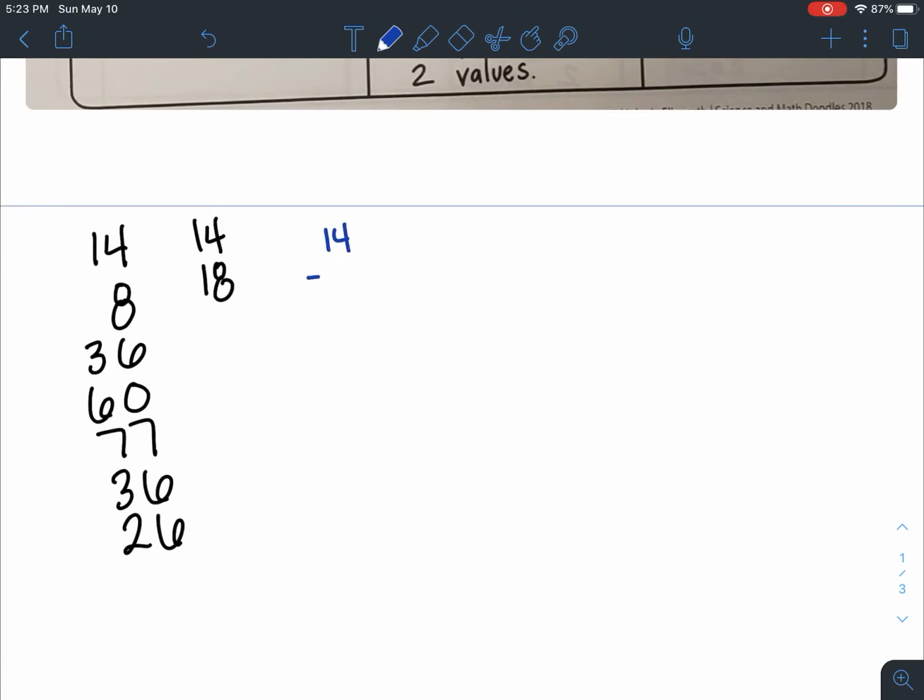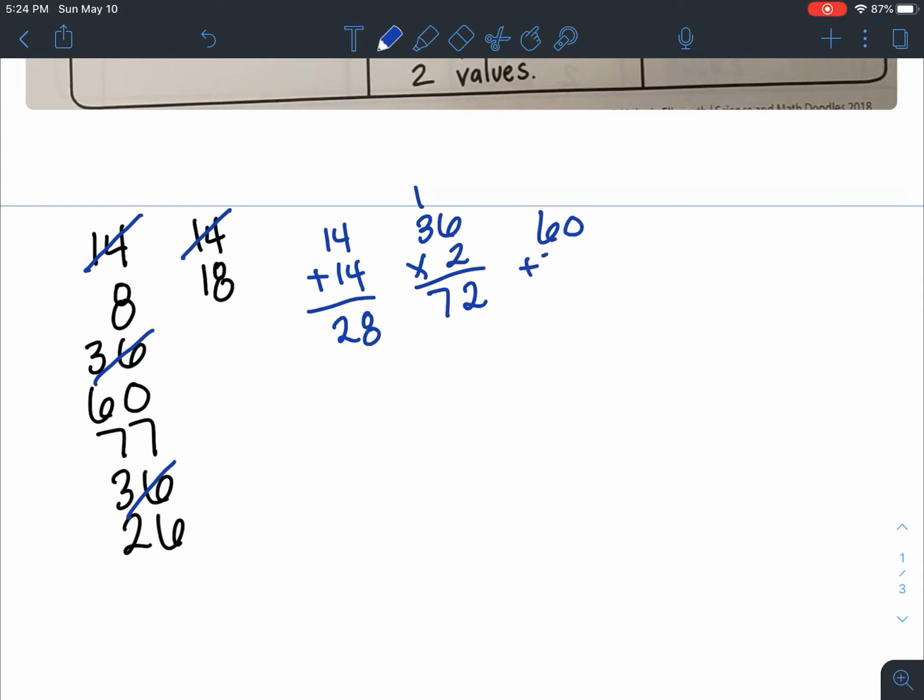14 plus 14 gives us 28. We can do 36 and 36. So 36 times 2 gives us 72. From there we could do 60 plus 77, so we have 137.